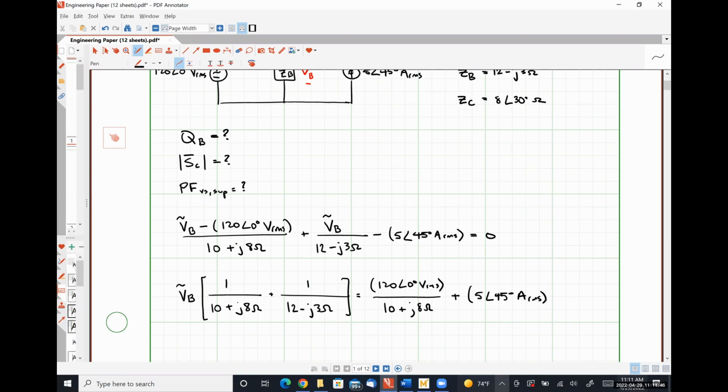Now, the constant terms on the right-hand side can be expressed as a single complex number, and the coefficient of VB on the left-hand side can be expressed also as a single complex number.